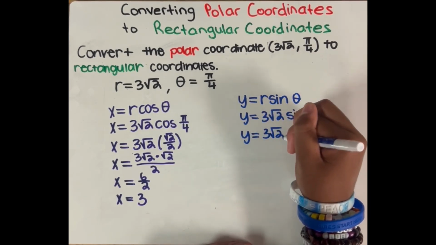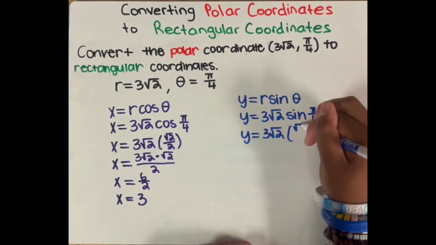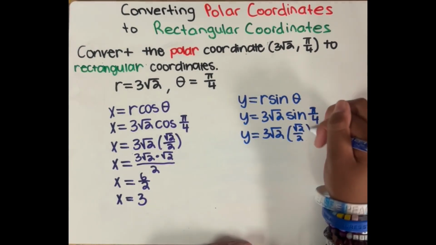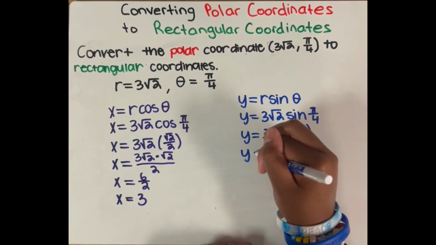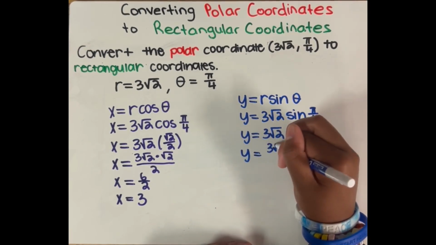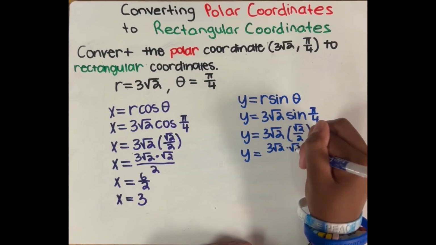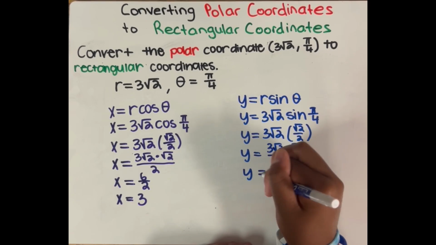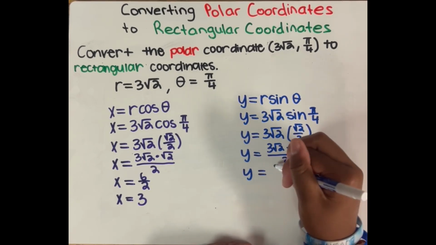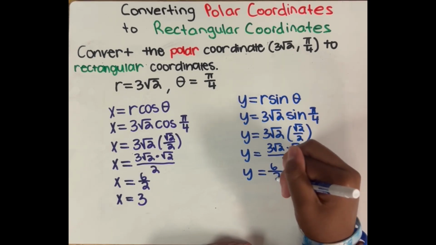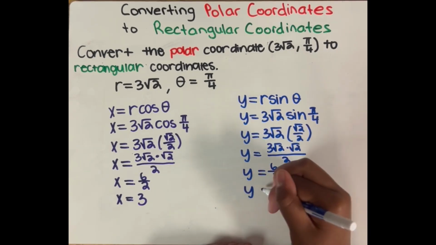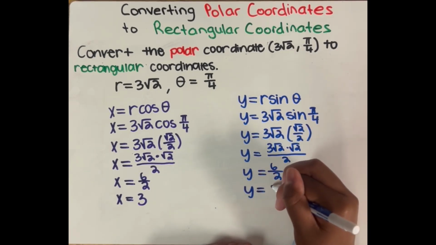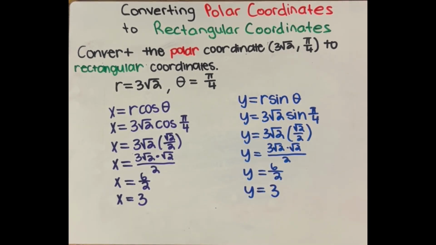So we have the same equation, 3 root 2 times root 2 over 2, which equals the same thing. And then y equals 6 over 2, and y equals 3. So our final rectangular coordinate is 3, 3.